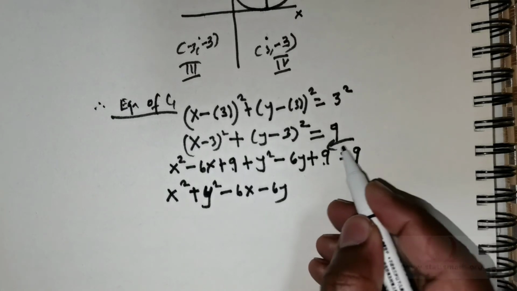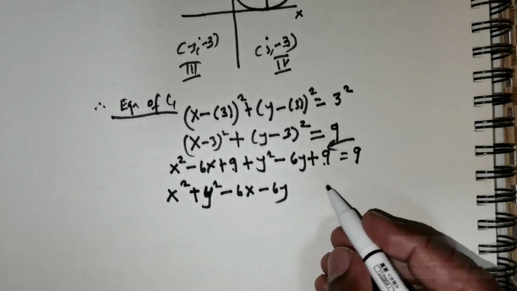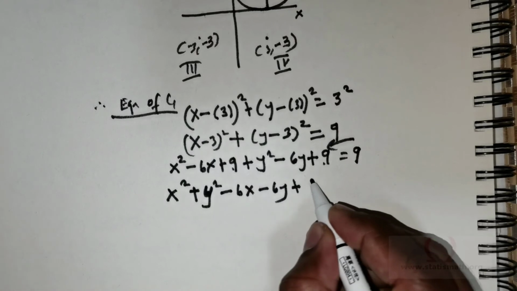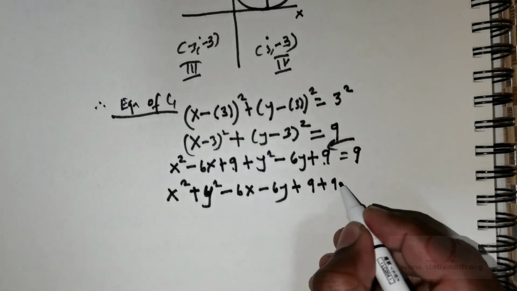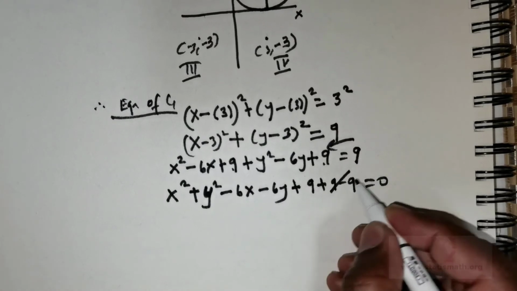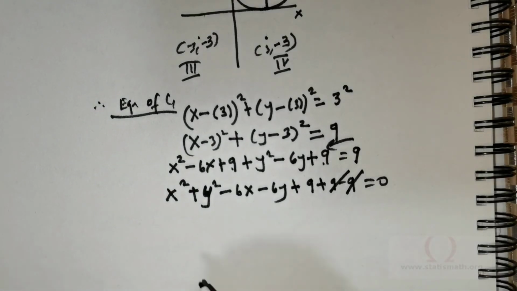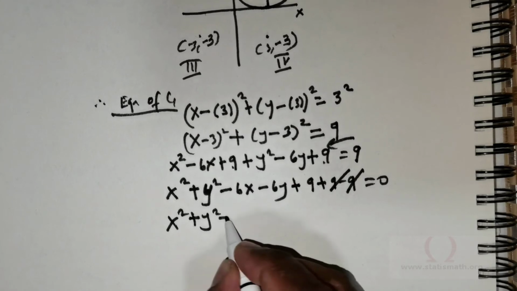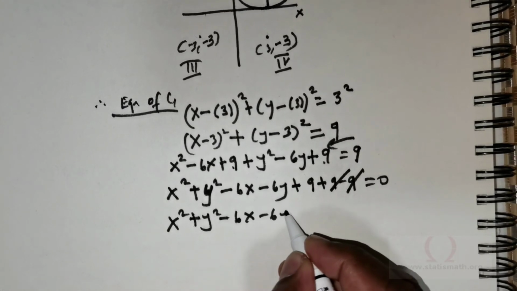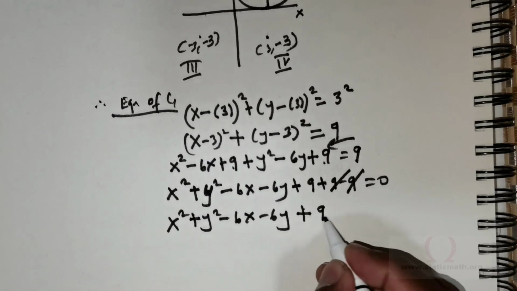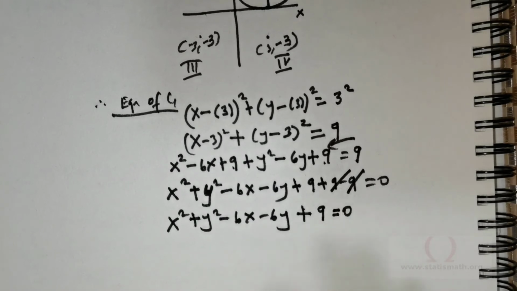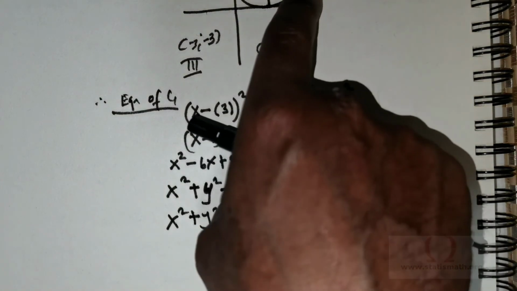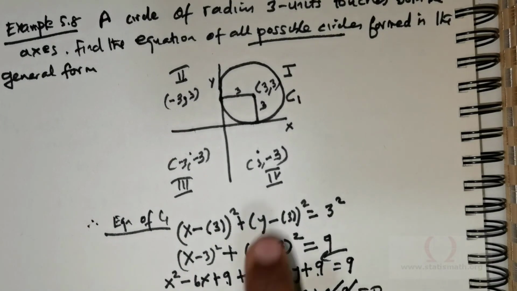If I were to bring this over, it is going to be negative 9. So that would mean 9 + 9 - 9 = 0. So a negative 9 and a positive 9 get cancelled, giving me x² + y² - 6x - 6y + 9 = 0. So this is the equation of the circle for the first quadrant, for C1.